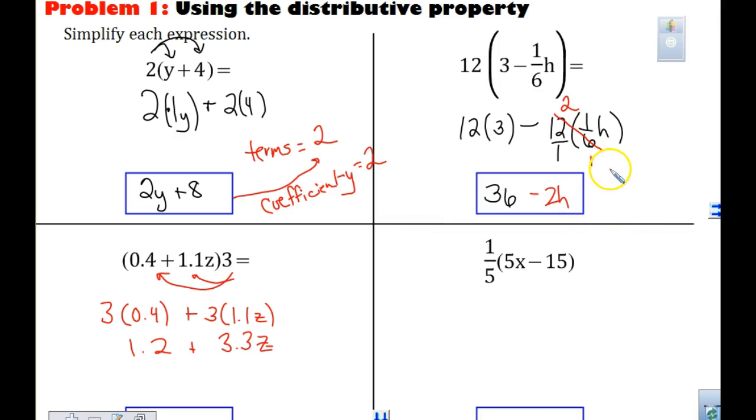So again, over here, please tell me the number of terms and the coefficient of h. Again, here I want you to tell me the coefficient of z and how many terms.